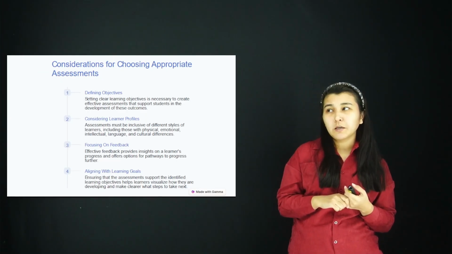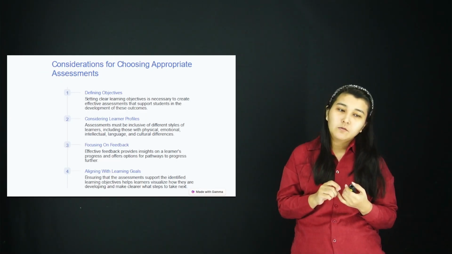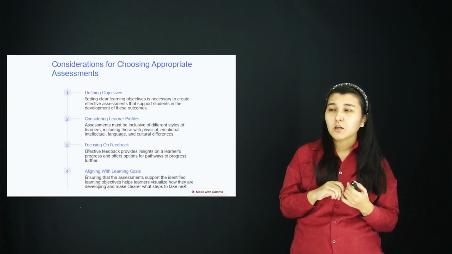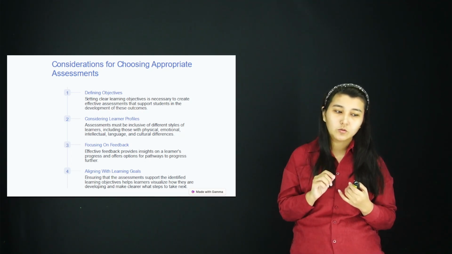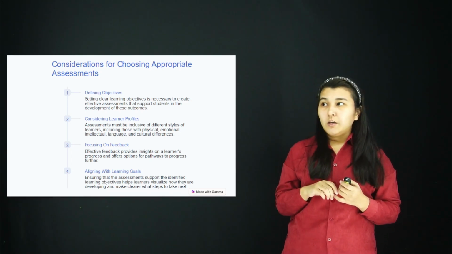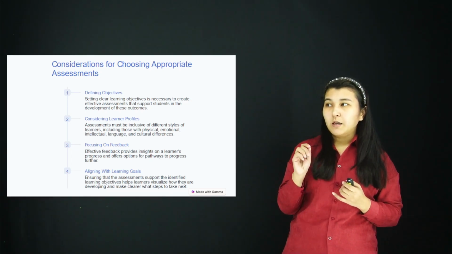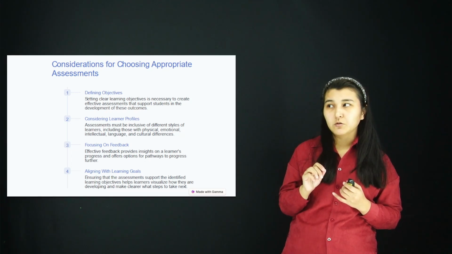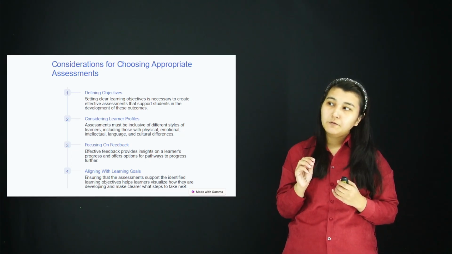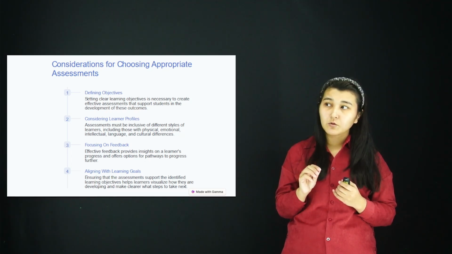Of course, when we choose assessment, we should think carefully, because it's really important to plan our assessment previously. For example, we have some considerations when we choose an appropriate assessment. We should define our objectives.